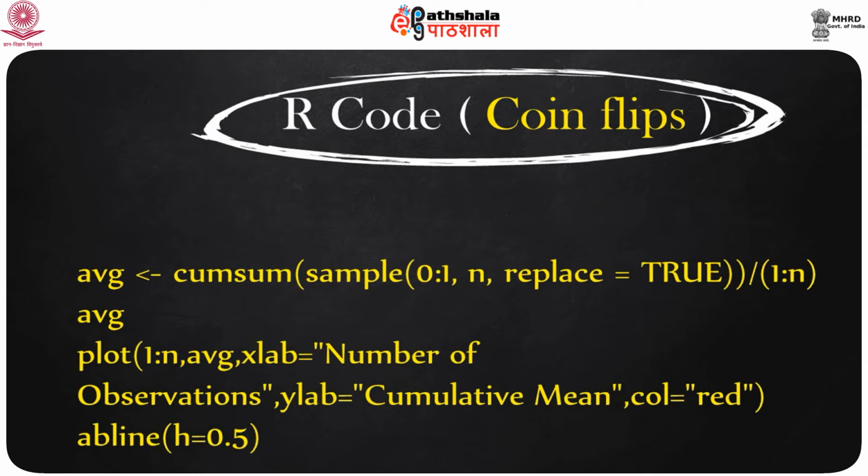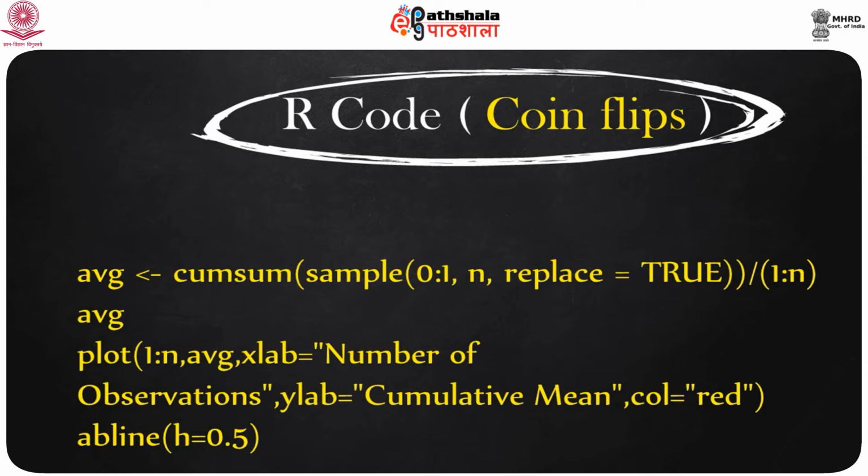The head is denoted by 0 and tail is 1, and replace equals TRUE implies we are executing with replacement sampling, which is the case of coin tossing as well. We will discuss the sample function more explicitly later.